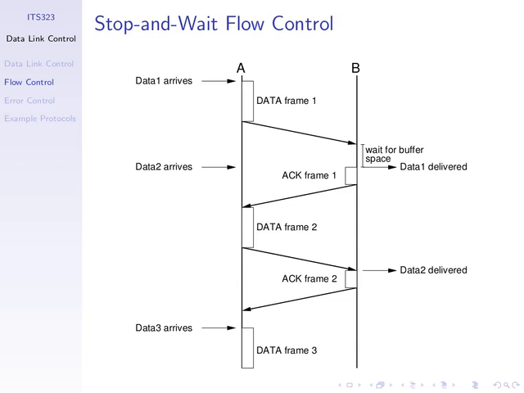At the start, data arrives. So A transmits that data in a frame, say frame 1. Takes some time to transmit. Takes some time to propagate across the link. The entire frame has been received by B at this point in time.